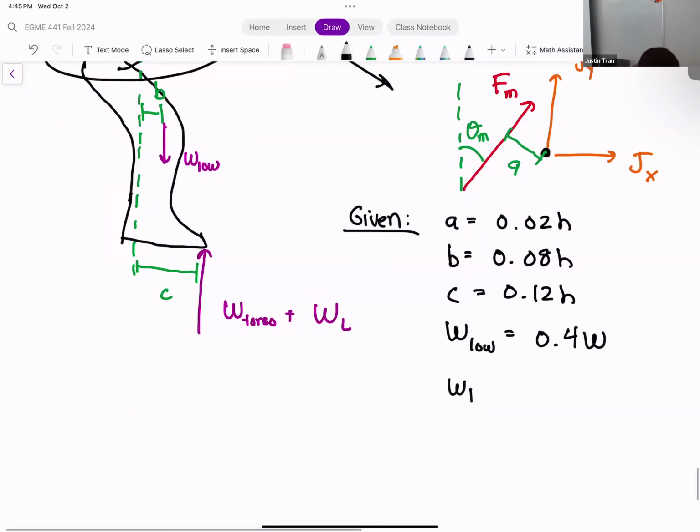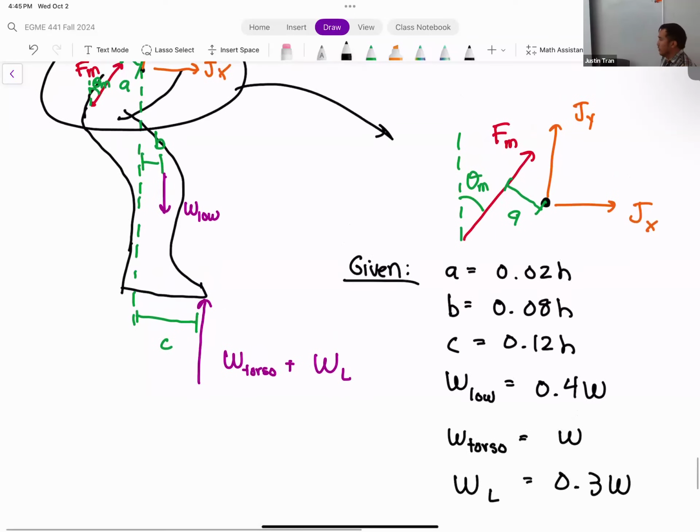Let's say the weight of the load here is 0.3 W, so we're attempting to pick up something that's about 30% of the weight of our torso. And the last thing we need is theta m, which we'll assume is 45 degrees, just for simplicity.